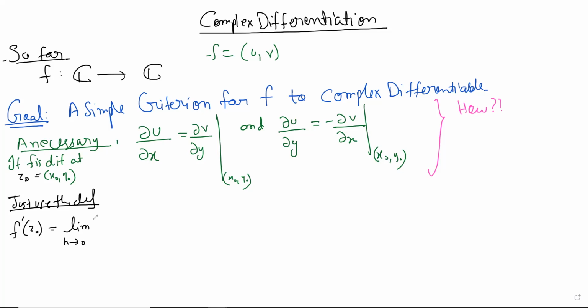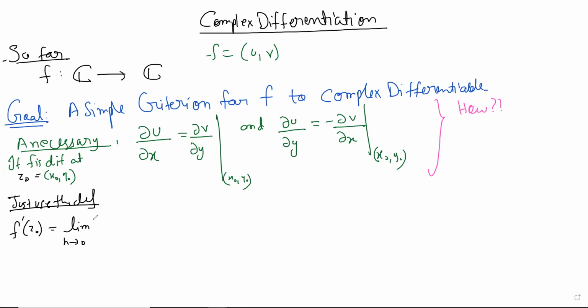So this is the usual way in which you get sufficient conditions. When you say a criteria, in general, if you're trying to come up with a criteria for something, usually we are more interested in the criteria being able to say yes, something is complex differentiable, or yes, this graph is connected, something like that.